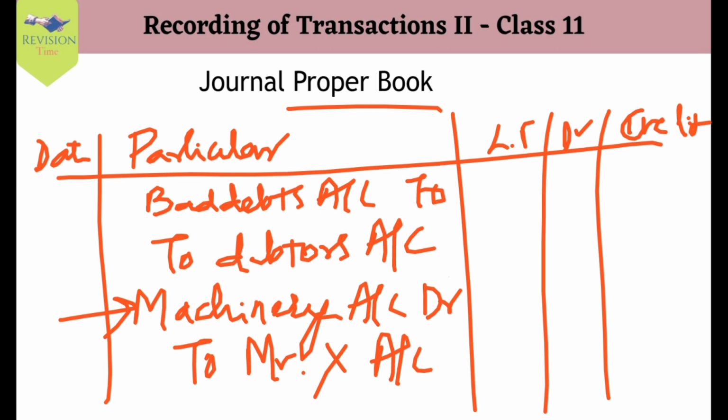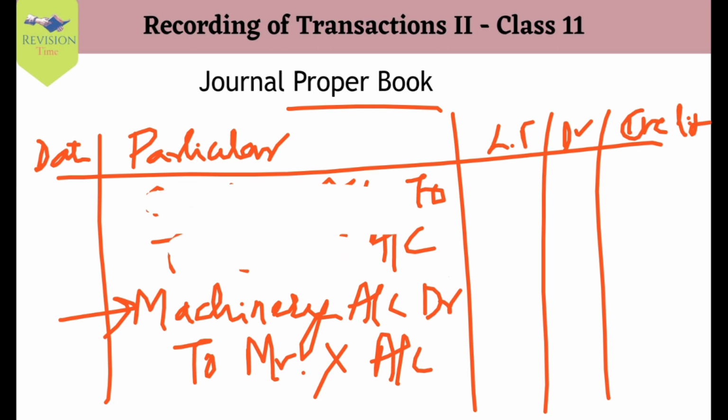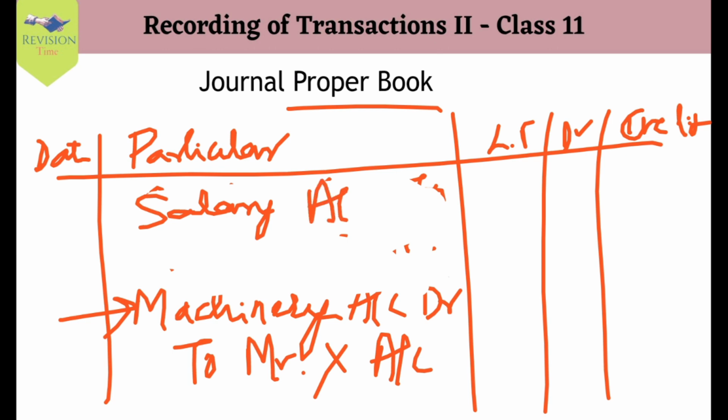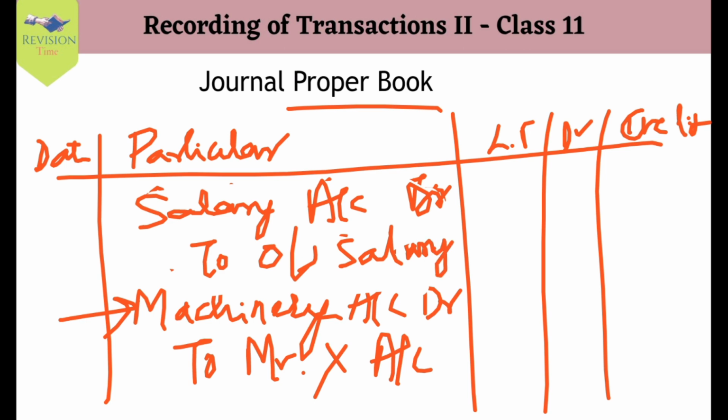We can also take outstanding expenses, like salary account debit to outstanding salary account. So all such transactions for which there is no particular book are recorded in our Journal Proper Book. This was the last and a small concept in our chapter on recording of transactions.